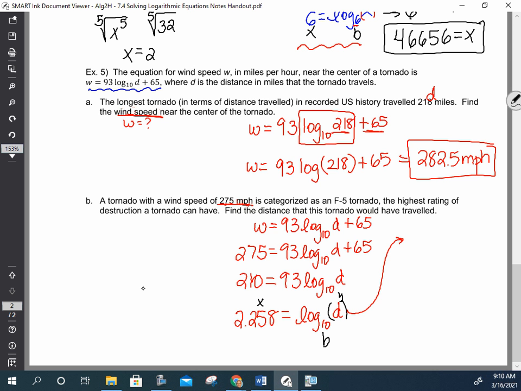And that's your x component. So our rewrite is 10 to the 2.258 power equals d. So then that becomes the calculator part.